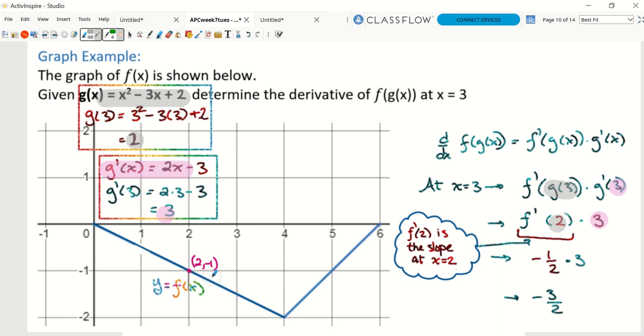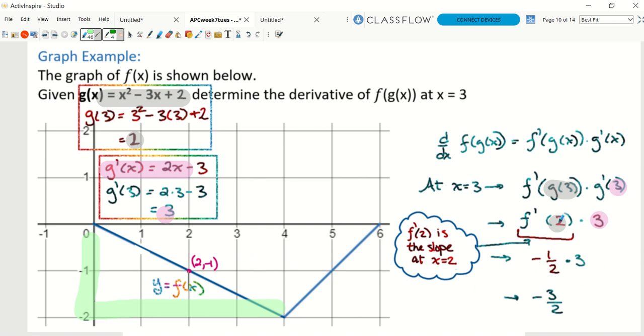The slope at x equals 2, first of all, is a negative slope because it's downhill. And because it's rise 2, run 4, 2 over 4 reduces to 1 over 2, and negative because it's downhill. So f prime of 2 translates to the slope at 2, which is negative 2/4, which is negative 1/2. And just simplify.